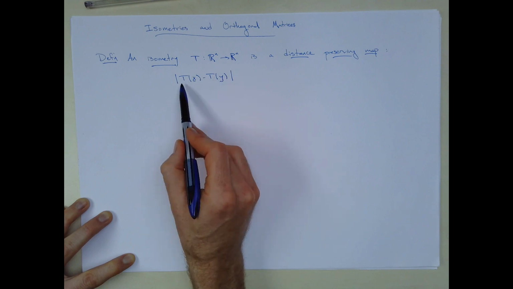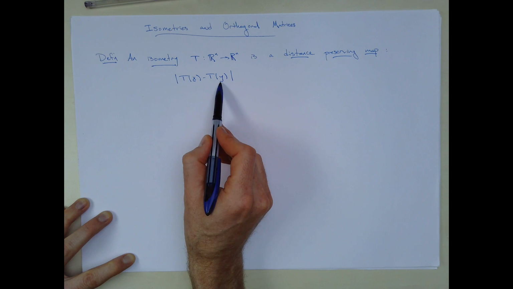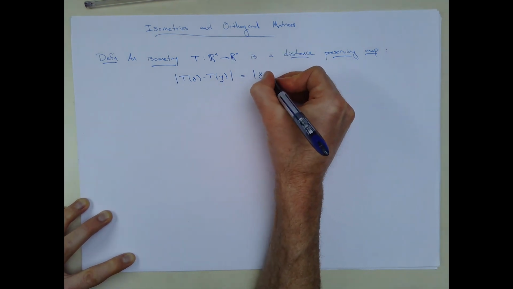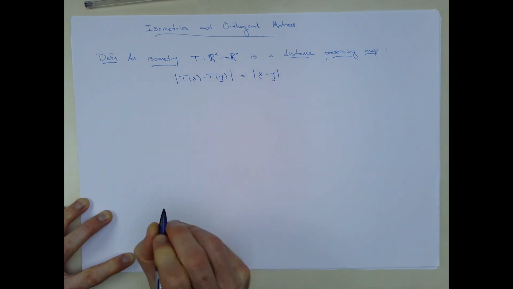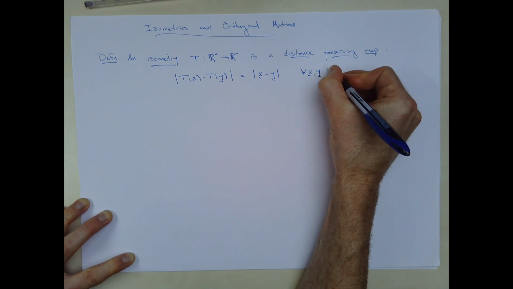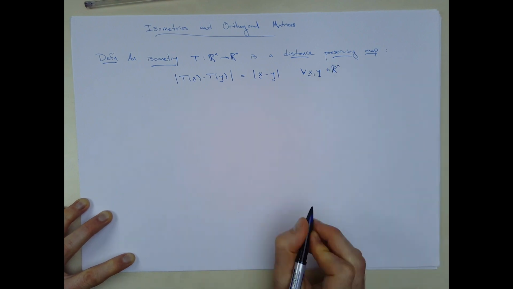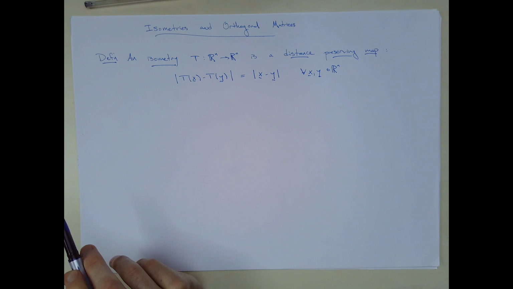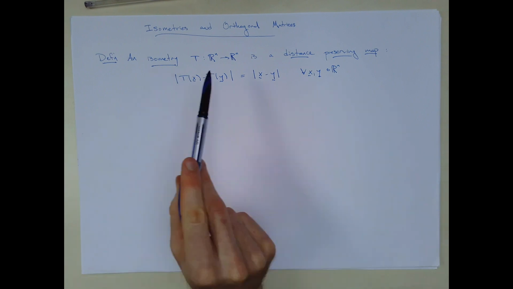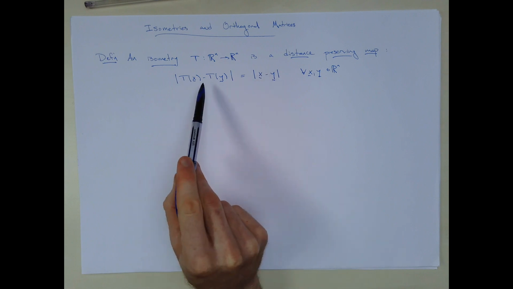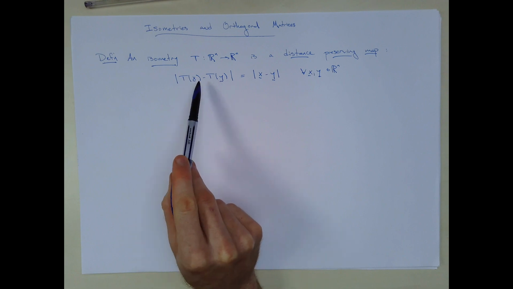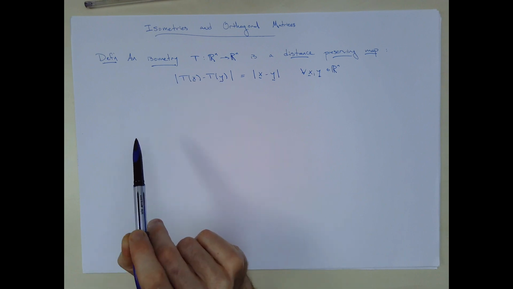The length, the magnitude of the vector T of x minus T of y is the same as the length of x minus y. And that's going to be true for all vectors x and y in Rn. So that's what we mean by an isometry. Take the length between any two vectors, and the length between the images of those vectors under this map is the same.